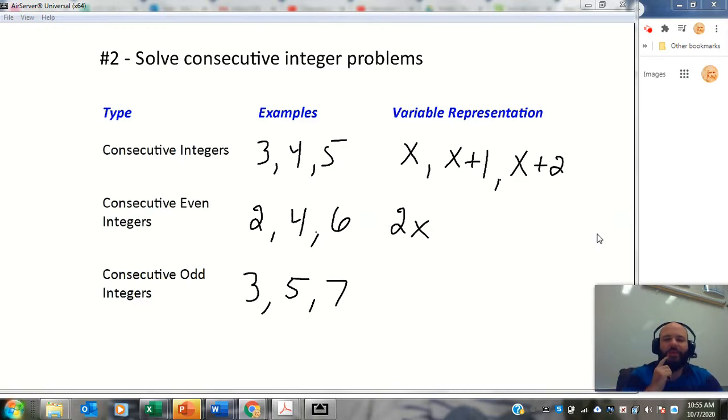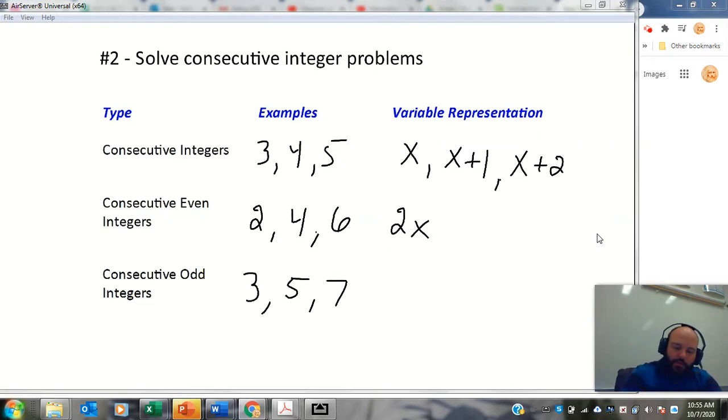The reason there's a 2 there is that no matter what number we put in for x, the number that we get is going to be even. As an example, if I put a 3 in for x, 2 times 3 is 6, and the number we get is even. If I put a 4 in there, 2 times 4 is 8. So again, that number is even. If I put a 5 in there, 2 times 5 is 10. So there is another even number. So the 2x represents an even number.